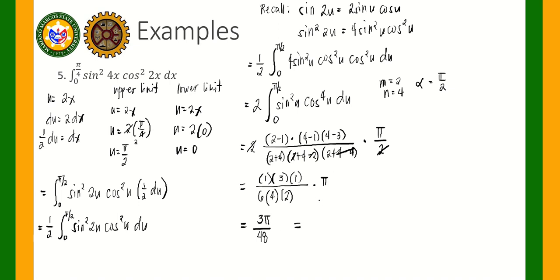So our final answer would be pi all over 16. So that is how to use the Wallis formula if the limits are not 0 to pi over 2. So kailangan nyo lang i-reduce and manipulate and apply basic U substitution and differentiation.